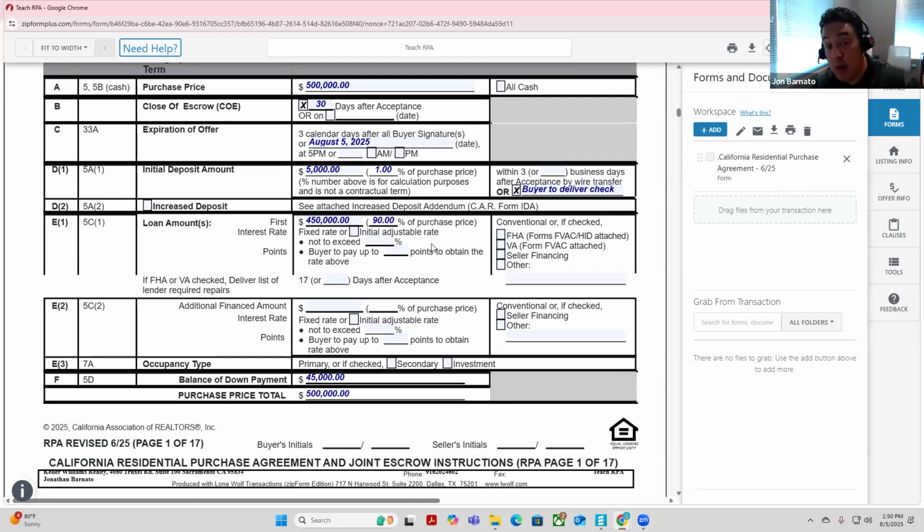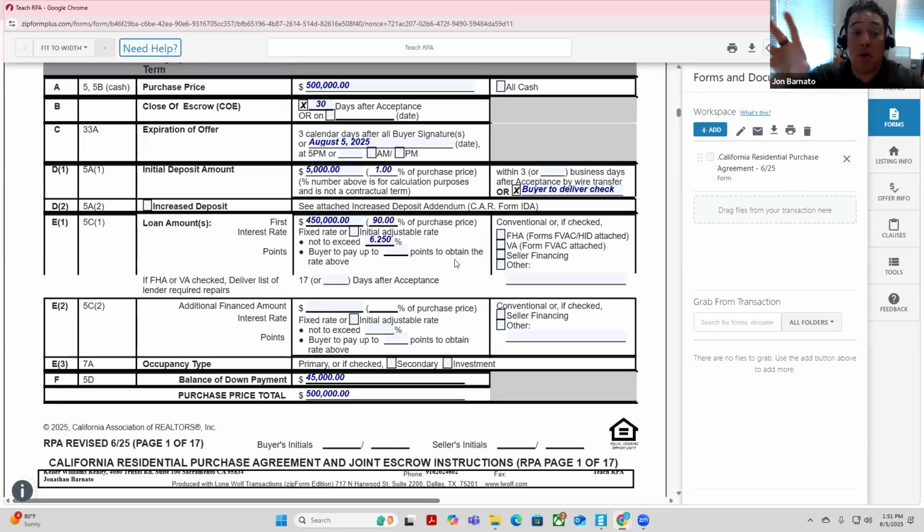Now, if you don't put a rate in there, say, for example, on the loan contingency, everyone knows if you cancel on the loan contingency, it's because your loan was not approved, correct? If the loan's not approved, you can cancel on your loan contingency. But if you put a rate in there, say the buyer's like, I can only do this price and this payment, I want 6.25% because that's what I want, but I can't pay higher, you can put 6.25% in there.